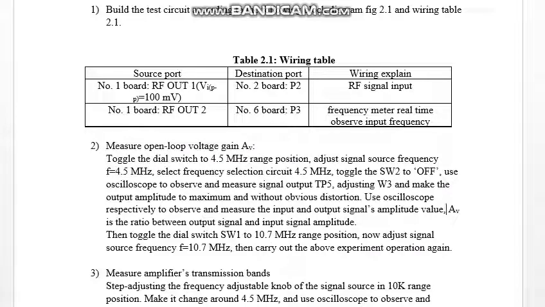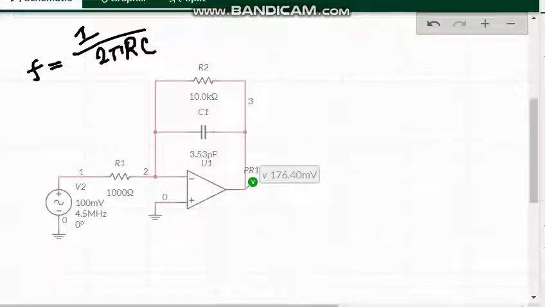For this, first of all, we again have to carry out the same calculation, that is F equal to, where R and C are in the circuitry, so twice by RC will be the key factor. So there should be R2 and C1.